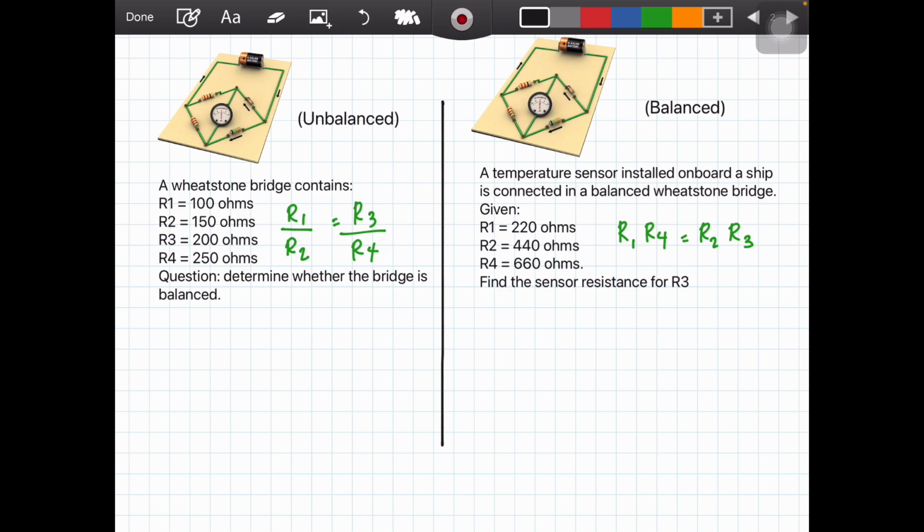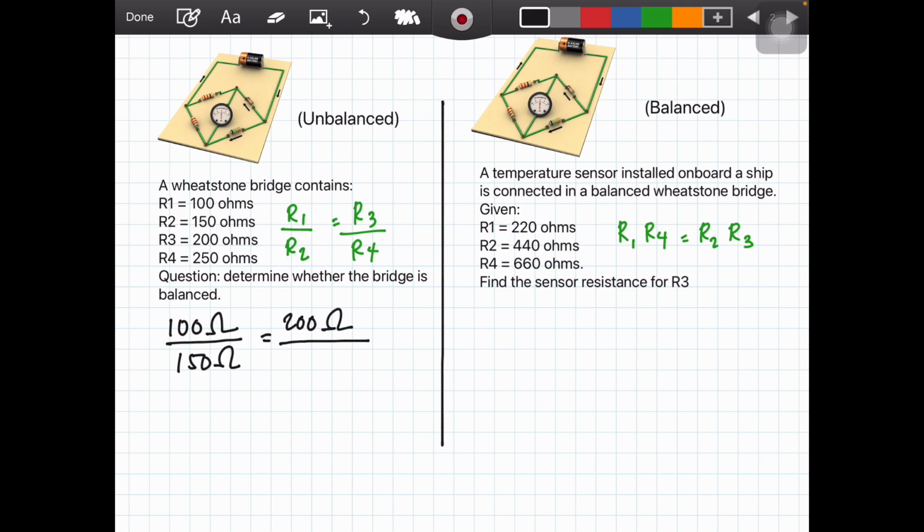Let's start. How do we do that? By following the formula, checking if it is balanced. The value of R1 is 100 ohms, over the value of R2, which is 150 ohms. Then we write again equals, we match it. R3 is 200 ohms, over R4.